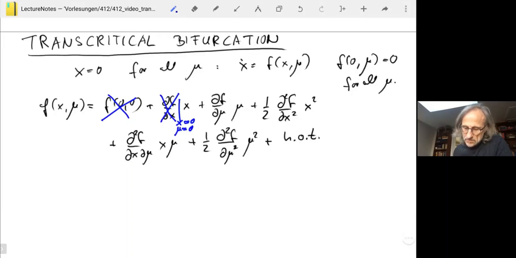And now, how about the others? Well, if f of 0 vanishes for all values of mu, then we also have to have that the derivative of f with respect to mu must be 0 whenever x is 0, because f is 0 for all values of mu if x is 0. So that means we also have that this guy is 0, and the second derivative is 0 as well.